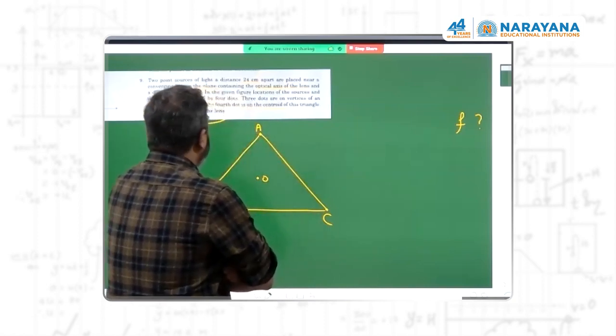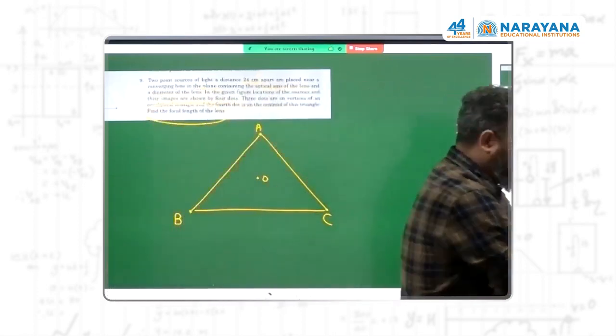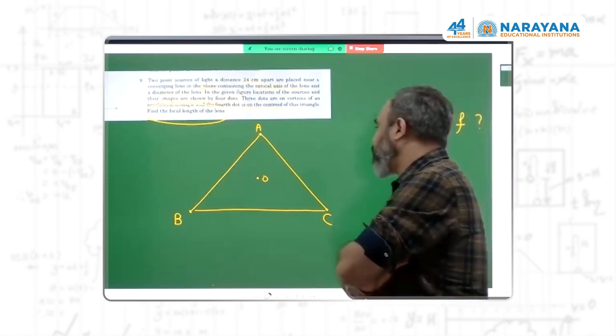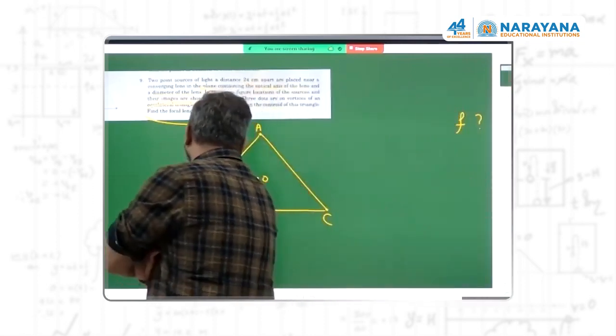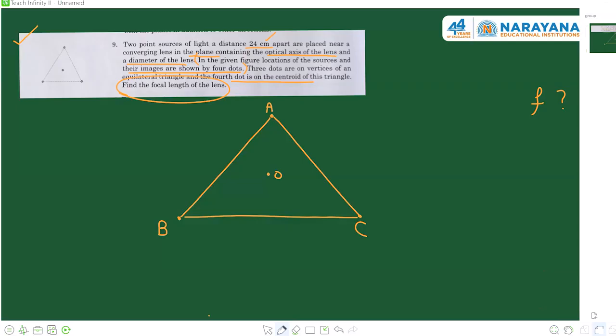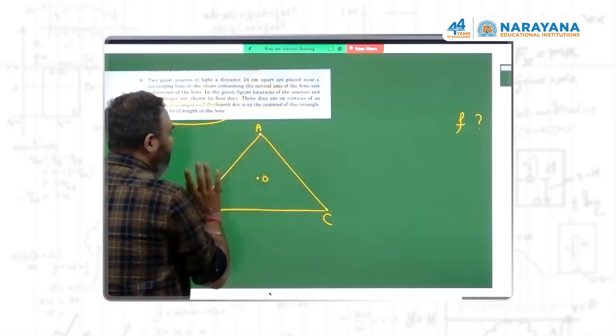First, let us think about the position of the sources, S1 and S2. Now there are 2 possibilities. Either S1 and S2 both are lying on the periphery, that is A and B, B and C, or C and A, they are symmetric. So either 2 of these positions are acting like sources and the remaining 2, that is one vertex and the centroid, are the images.